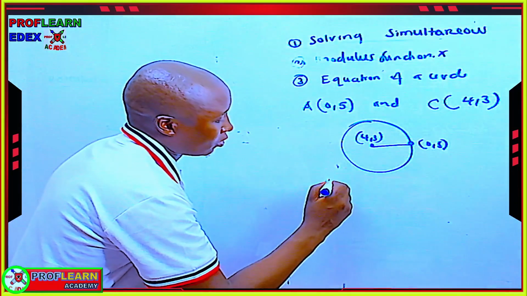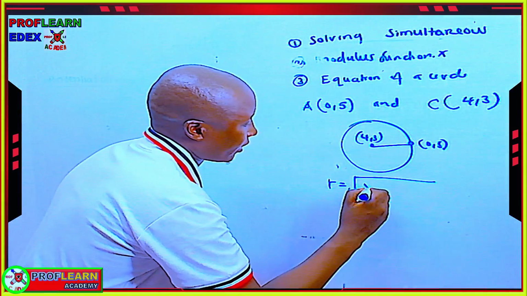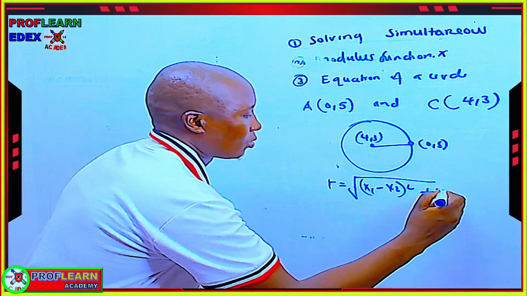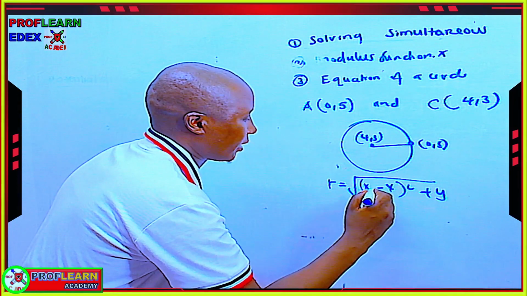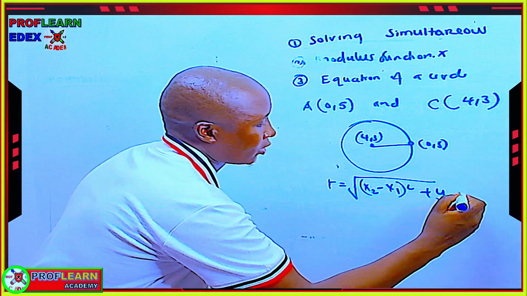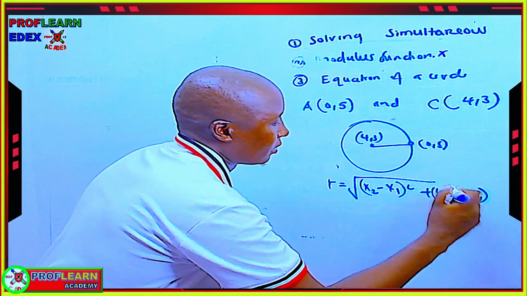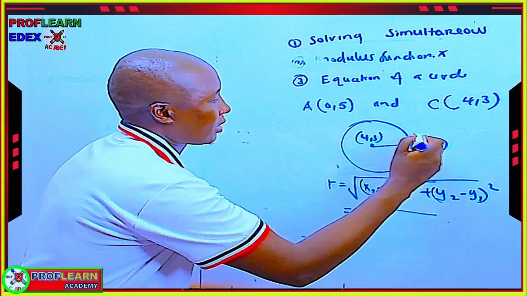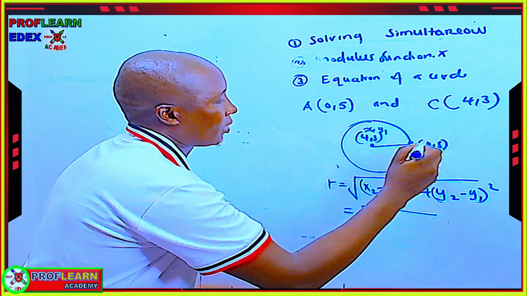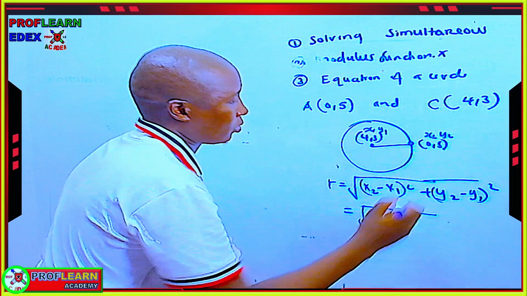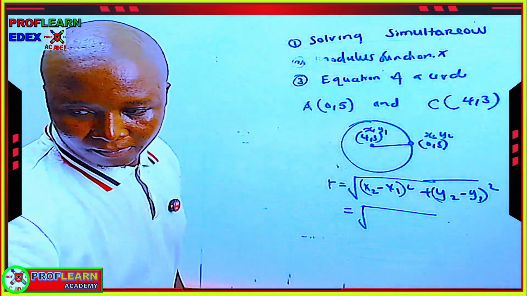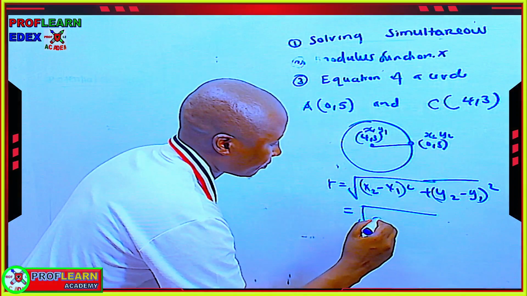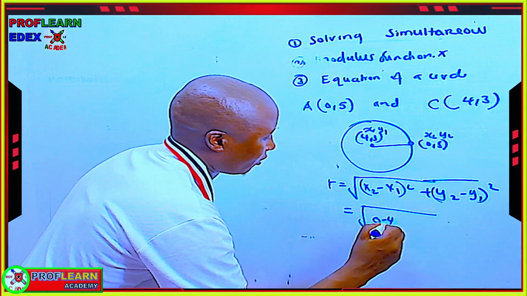The radius is going to be the square root of (x2 minus x1) squared plus (y2 minus y1) squared. We can call these our x1, y1, x2, y2.